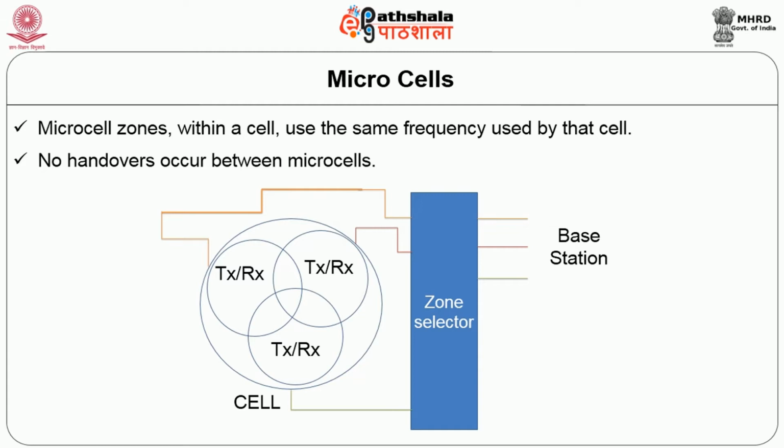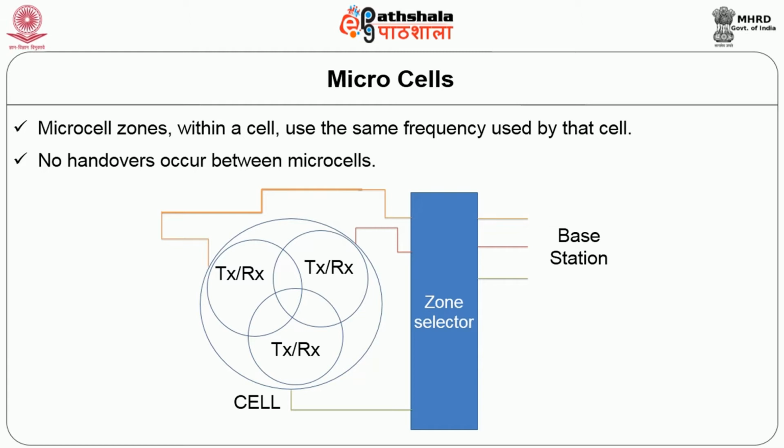But all the microcell zones within a cell use the same frequency used by that cell. Now, the problem is solved. Since the same frequency is used within that cell, if the device moves from one microcell zone to another microcell zone, no handover would be required. So, the base station simply switches the channel to a different zone site and no physical reallotment of channel would take place. Hence, no handovers would be required.